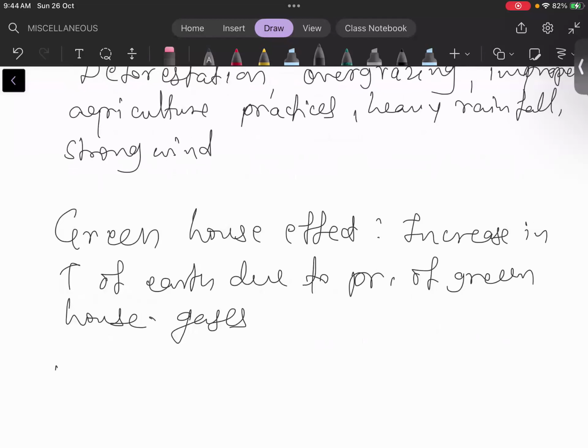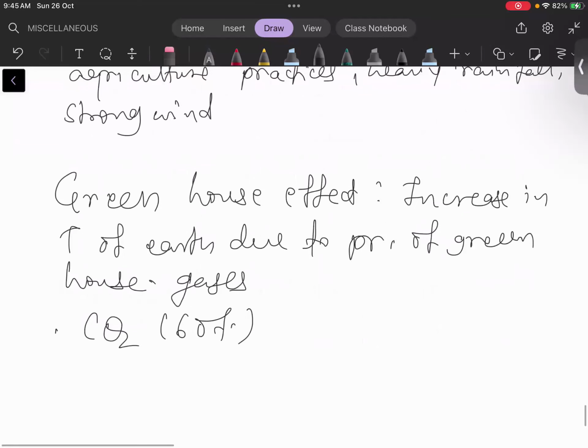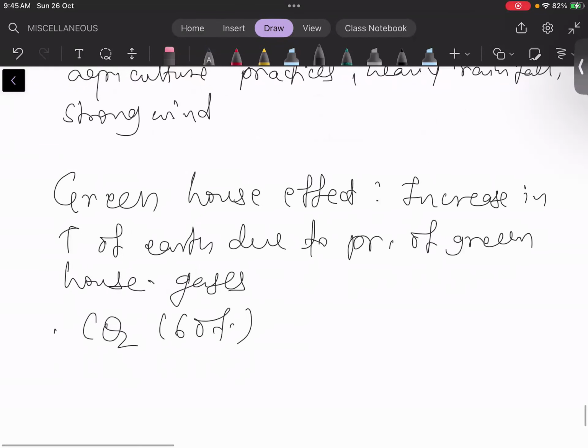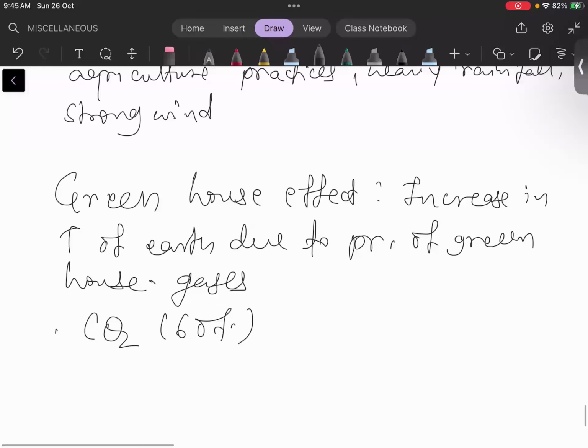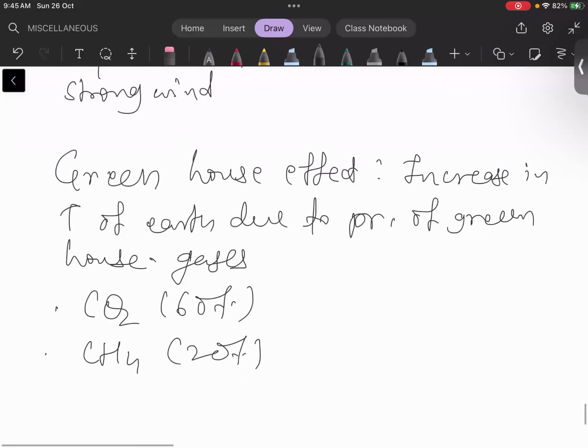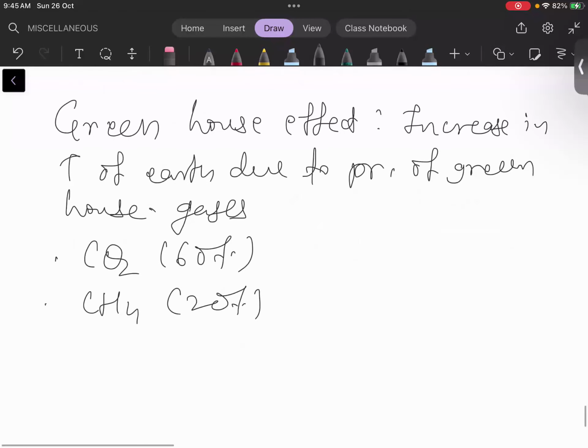Now, what are the gases? CO2 causes around 60% of the effect of global warming. It traps the sun's rays and increases the temperature. Second, methane creates around 20% effect. Third, nitrogen oxide, NO, or nitric oxide, creates around 6% effect.